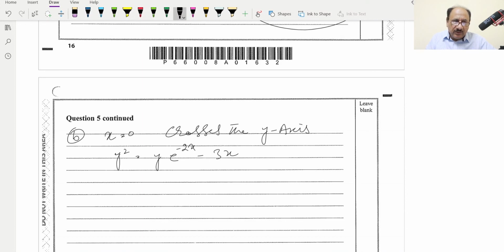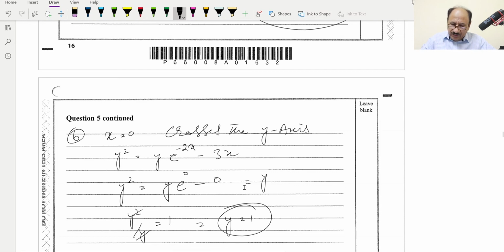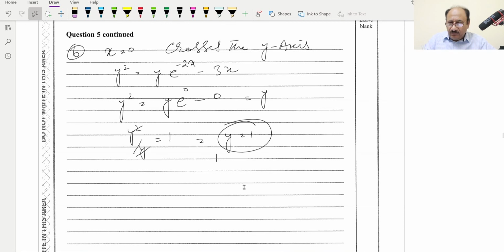So our equation will be modifying to y e raised to 0 minus 0, so this will be equal to y. So y square is equal to y, and we can write y square over y is equal to 1, so y will be cancelled, so we can write y is equal to 1.